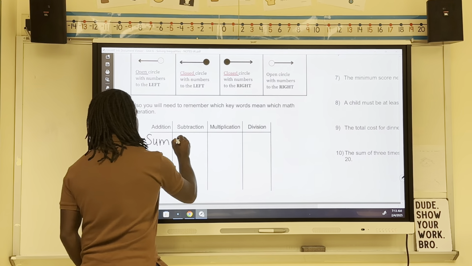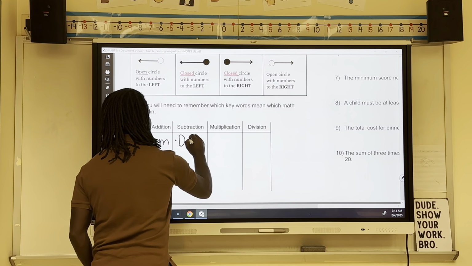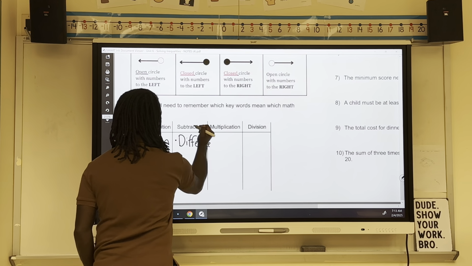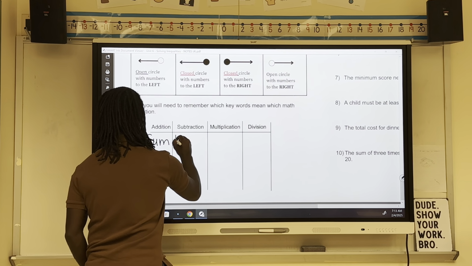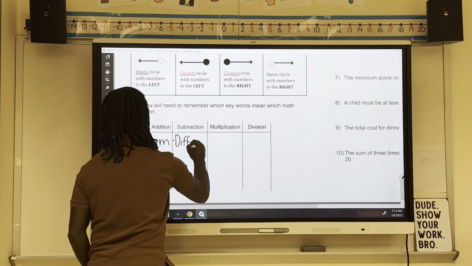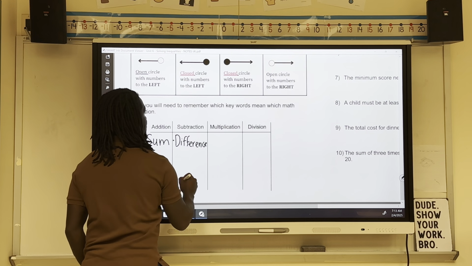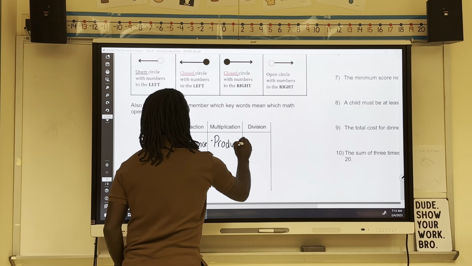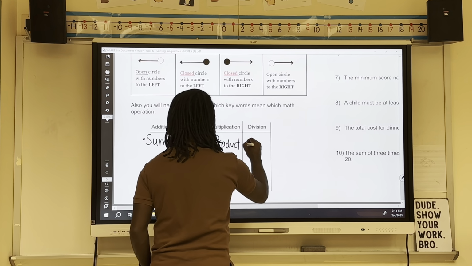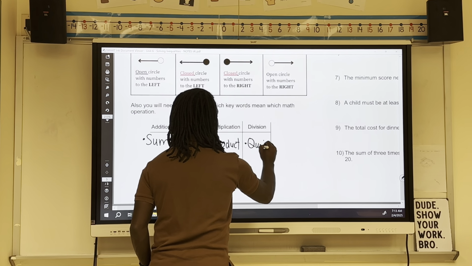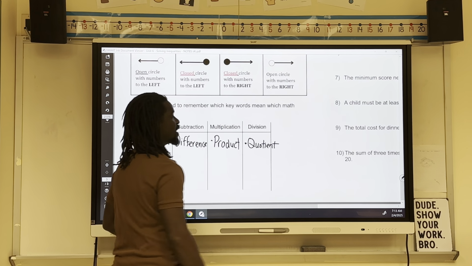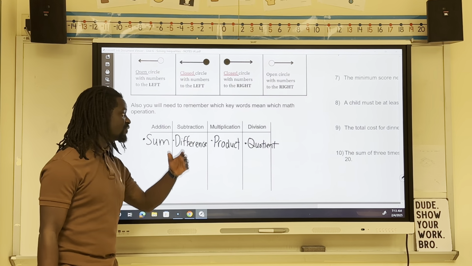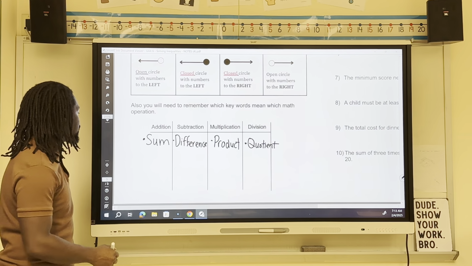You have to know that. Also, the word difference is the answer to a subtraction problem. Product is the answer to a multiplication problem, and quotient is the answer to a division problem. Those are the terms that you certainly need to know. All of them mean the answer to that type of problem.